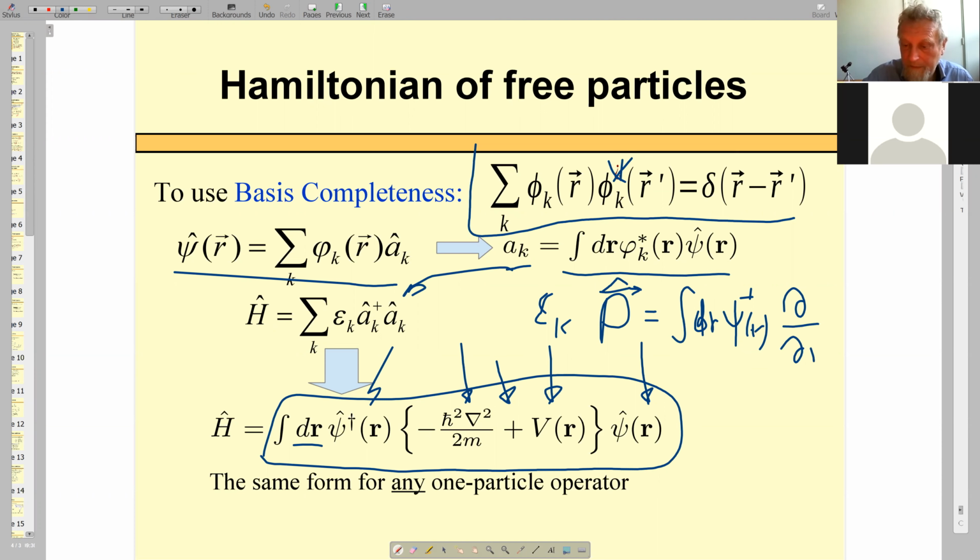Now I have to put h bar somewhere. I put it here. And all this, don't forget, there are no numbers, they're operators. Good. So this is the operator of the total momentum. As you see, it is totally in line with the Hamiltonian.